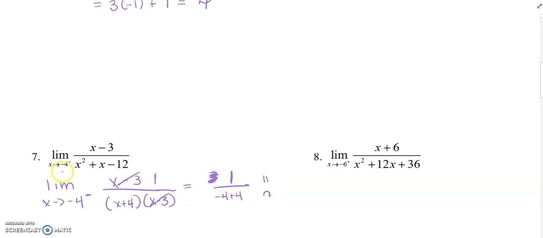If I'm approaching negative 4 from the negative side, so negative 4.1, what happens to this? We have 1 over a negative number, and it's going to be super small. So our limit approaches negative infinity.